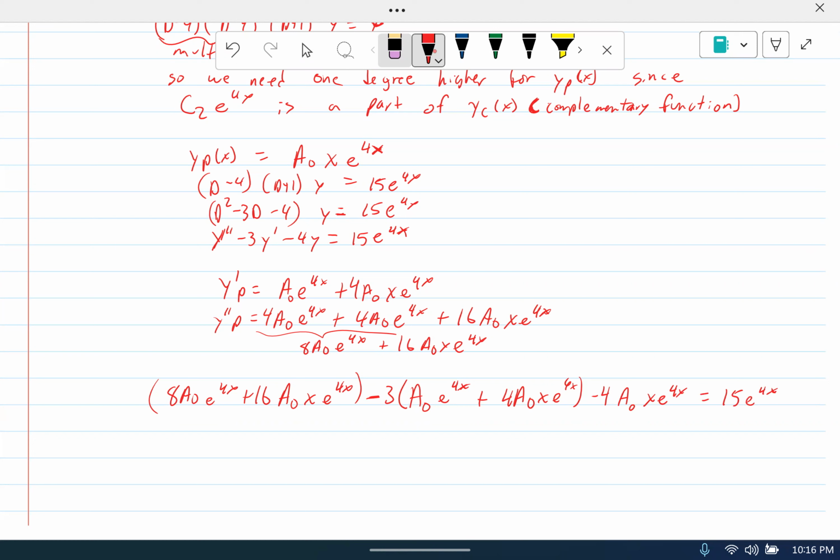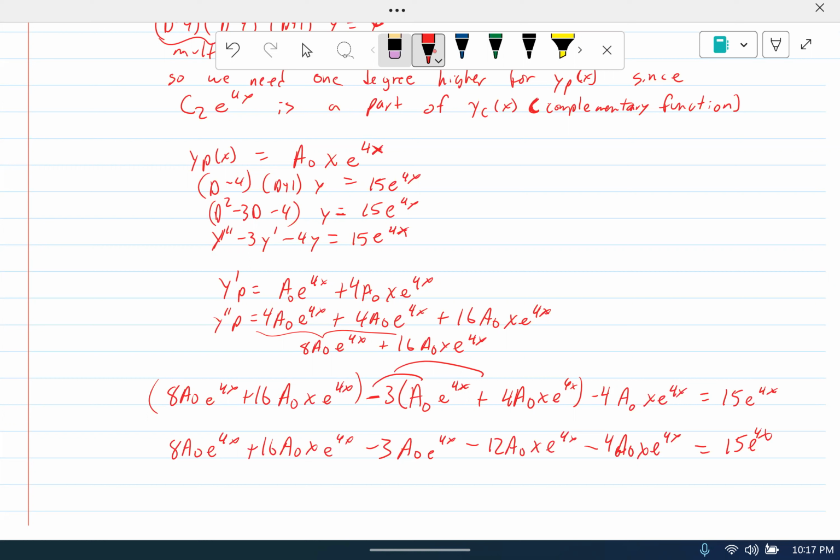Now let's try to solve for a naught. Okay, so let's distribute this negative 3. I get 8 a naught e to the 4x plus 16 a naught x e to the 4x minus 3 a naught e to the 4x minus 12 a naught x e to the 4x minus 4 a naught x e to the 4x is equal to 15 e to the 4x.